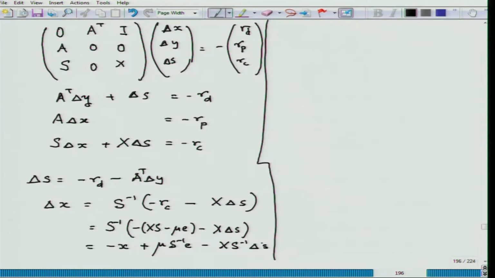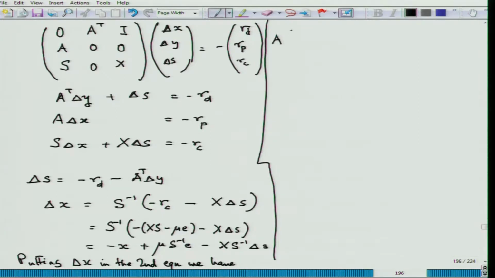So, putting delta x in the second equation, let us put delta x into the second equation.